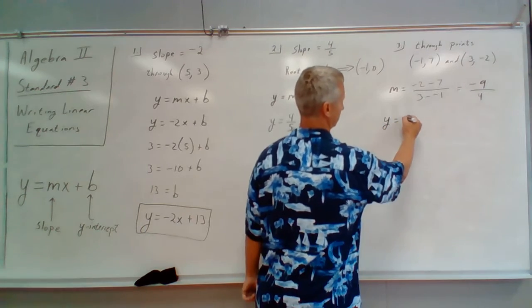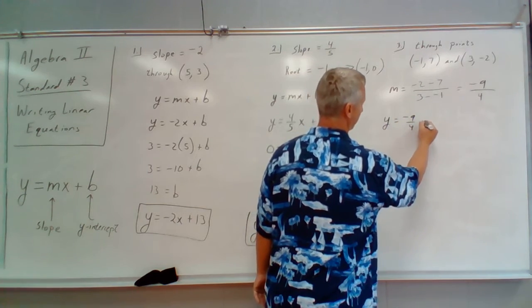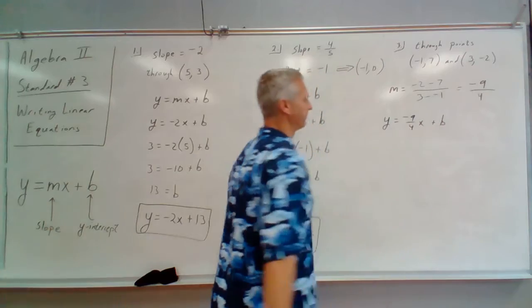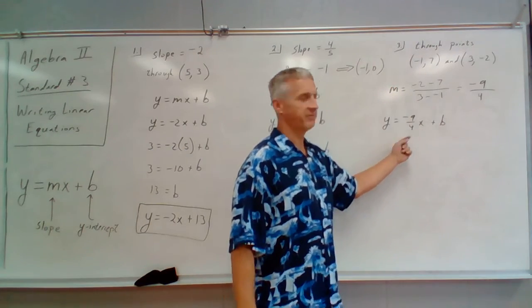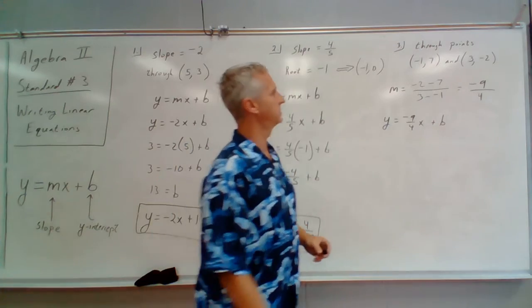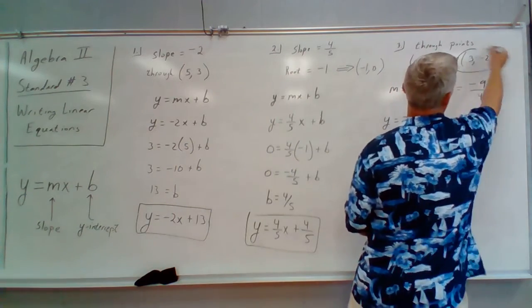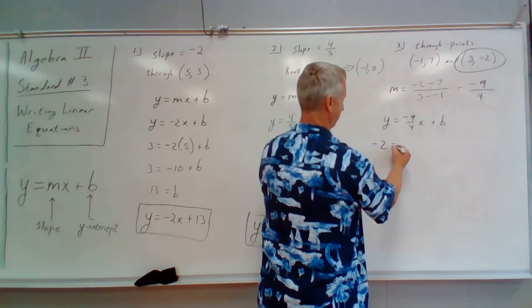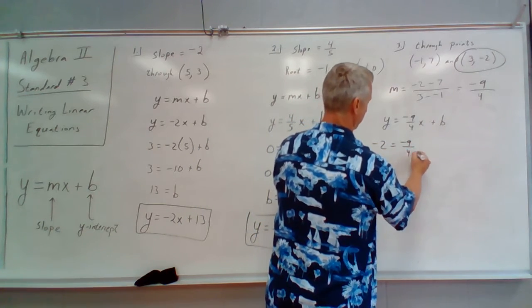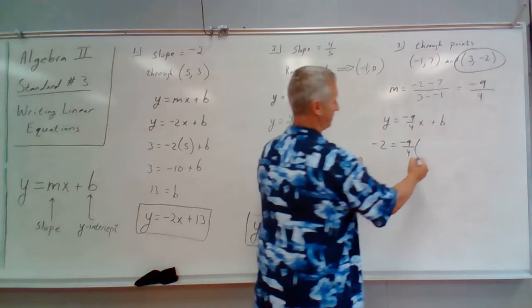y equals -9/4 x plus b. All right, I can pick either point I want, plug it in for x and y. Let's use this point. So I'm going to plug a -2 for my y, and for the x, I'm going to put a 3.